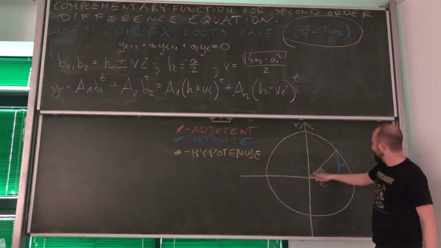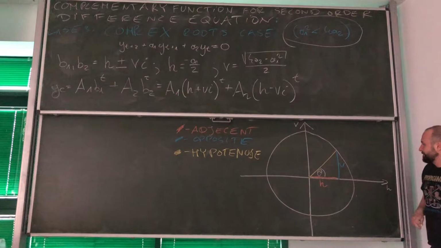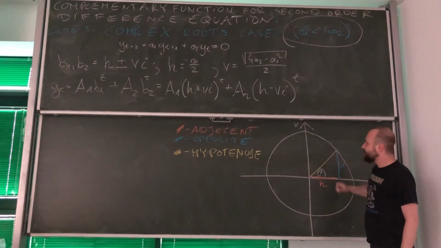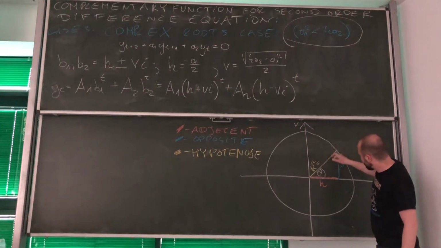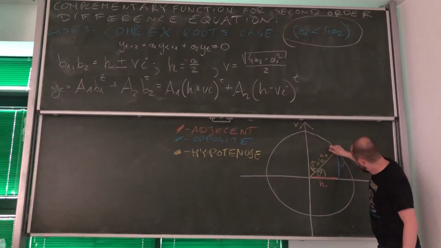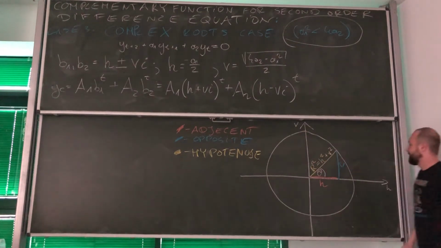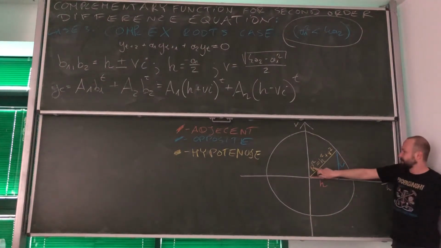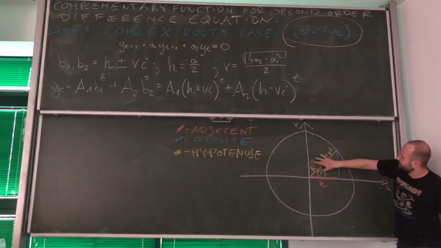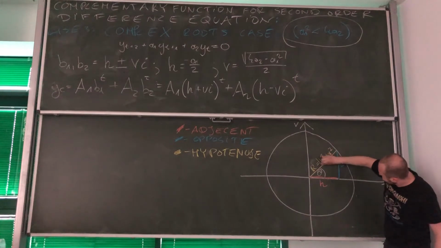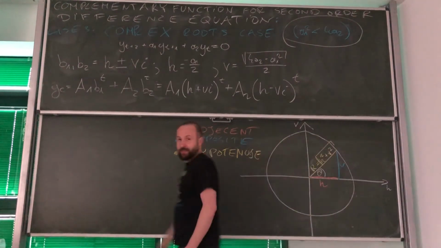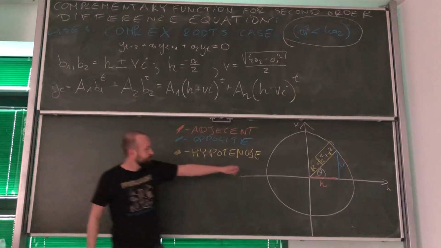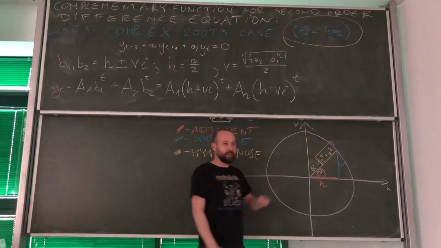The square of the hypotenuse, so r squared, is given by h squared plus v squared, right? But we are not interested in r squared, we are interested in r. So we can take the square root of this expression.